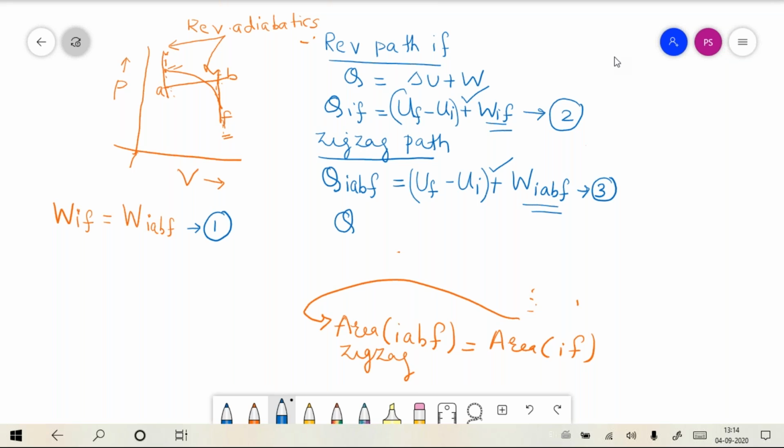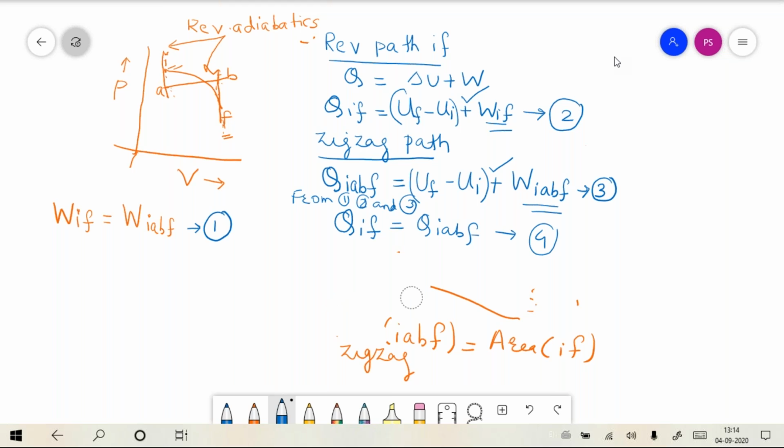It means that the heat transfer during the reversible path I to F, QIF, is equal to QIABF. Let us call this equation 4.